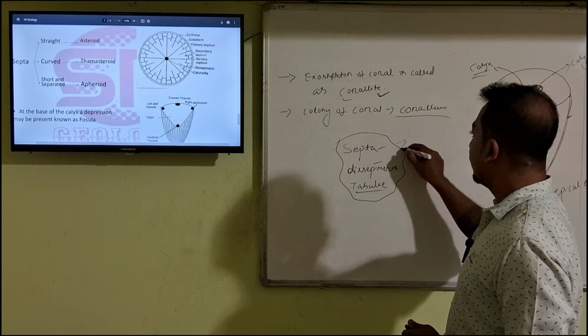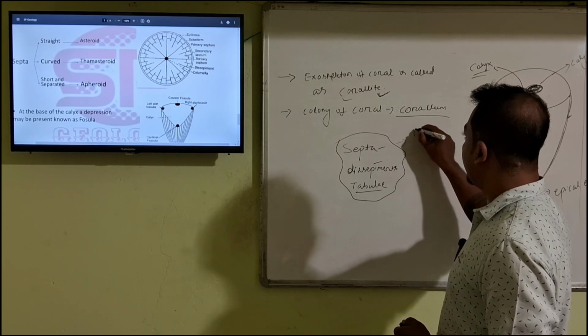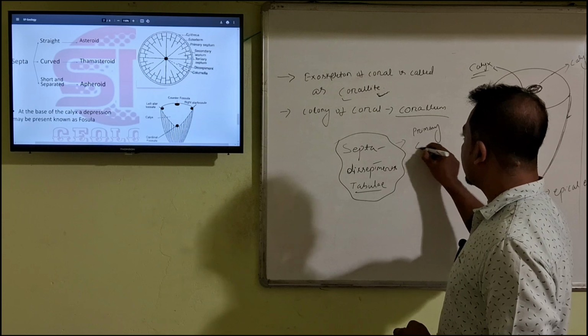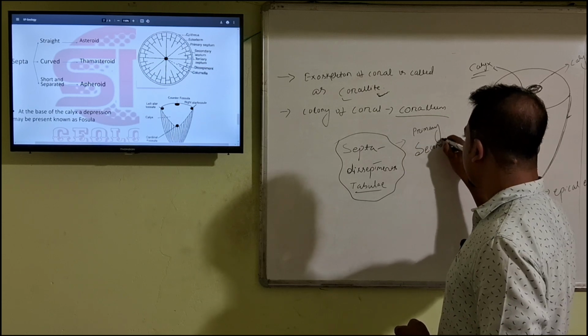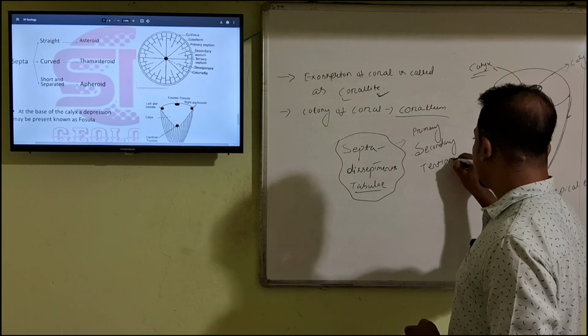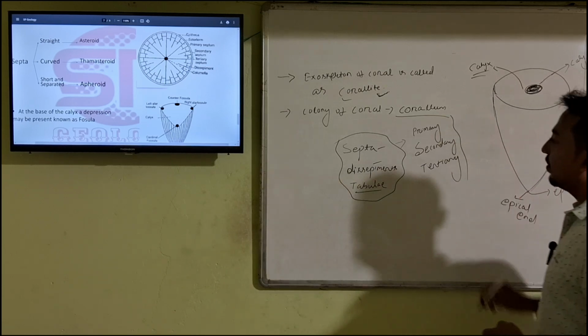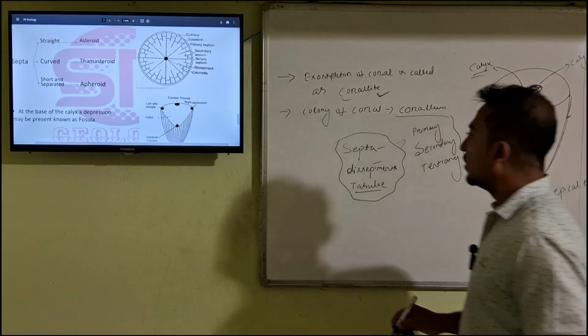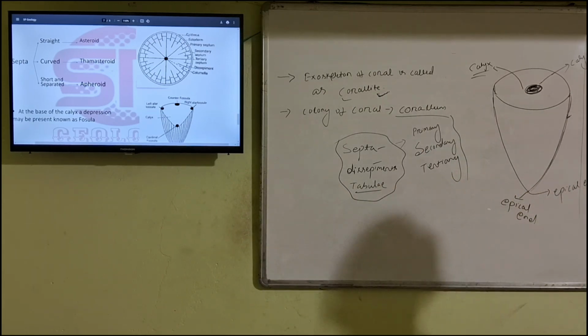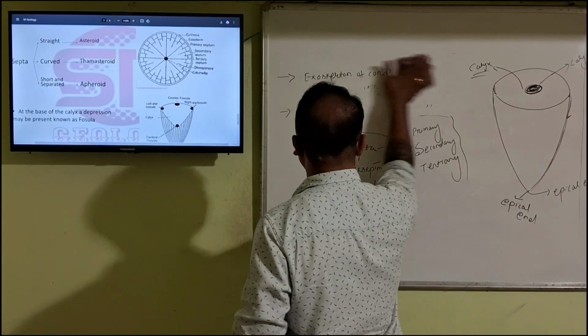There are three types of septa you'll find: primary, secondary, and tertiary. It is on the basis of their size: primary septa, secondary septa, tertiary septa.